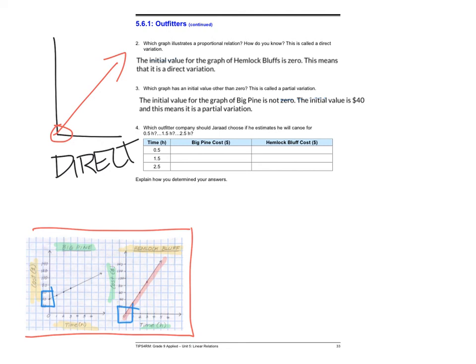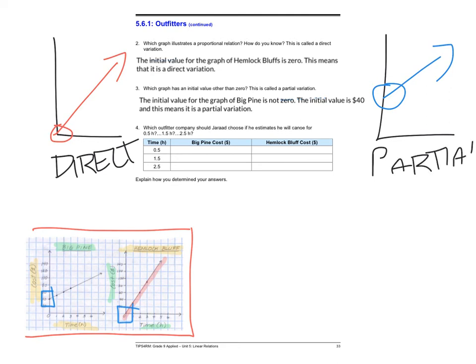However, if we have a graph and it starts anywhere else, then it is not direct. It is instead called a partial variation. Okay? So direct can only start at 0 for the initial value, and partial can start anywhere but 0 for the initial value.